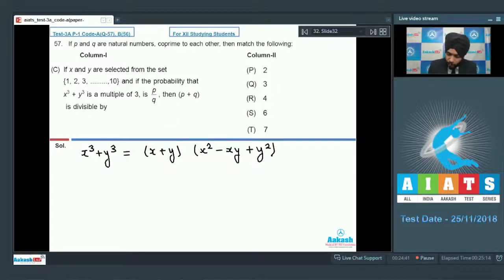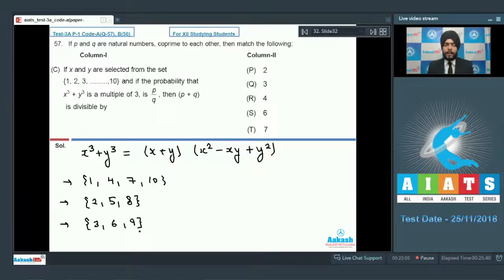So students, if X cube plus Y cube has to be divisible by 3, X plus Y has to be divisible by 3. So there is set 1 which contains 3n plus 1 type of numbers. Then there is set 2 which contains 3n plus 2 types of numbers. And then there is set 3 which contains 3n types of numbers. So I have divided the given set into 3 subsets.